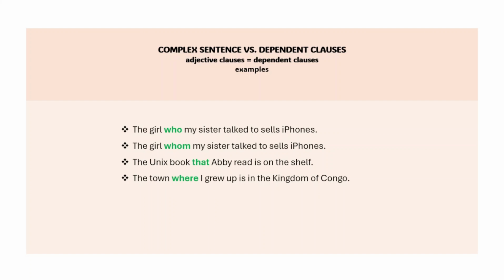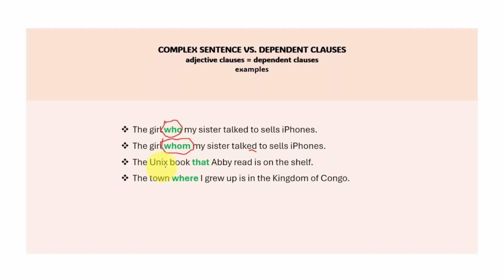Now, when you take a look, the girl who my sister talked to sells iPhones. This one, when you take a look here, is a pronoun. This pronoun behaves as a conjunction. The girl whom my sister talked to, this one in the past, sells the iPhone. Whom is a pronoun, but in this case behaves as a conjunction.